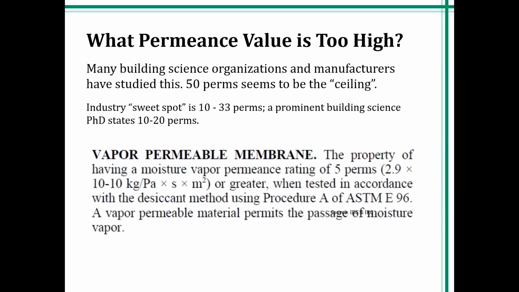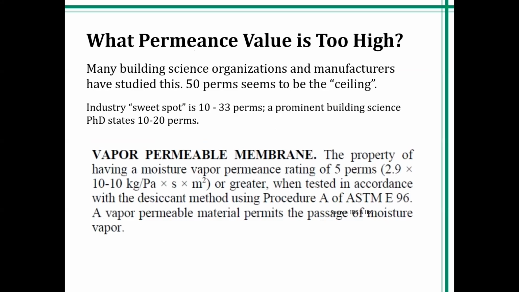These were typically sheet goods that had perm ratings between 300 and 400 perms, and I believe that they quickly found that that was actually detrimental to the drying because it allowed perhaps a little bit too much moisture into the system. The industry sweet spot for vapor permeable air barriers tends to be between 10 and 33 perms.